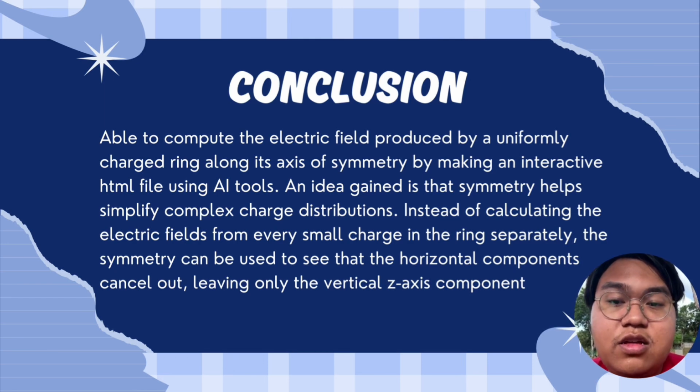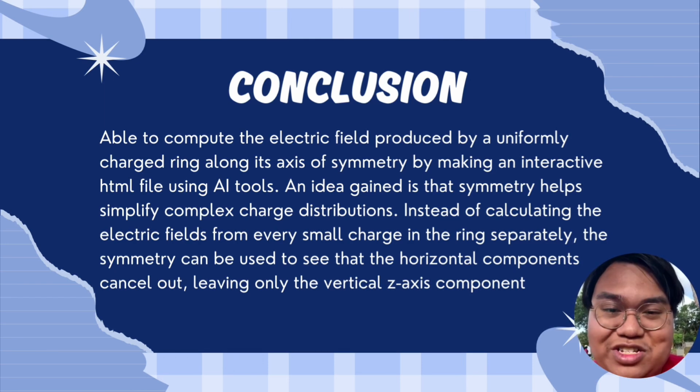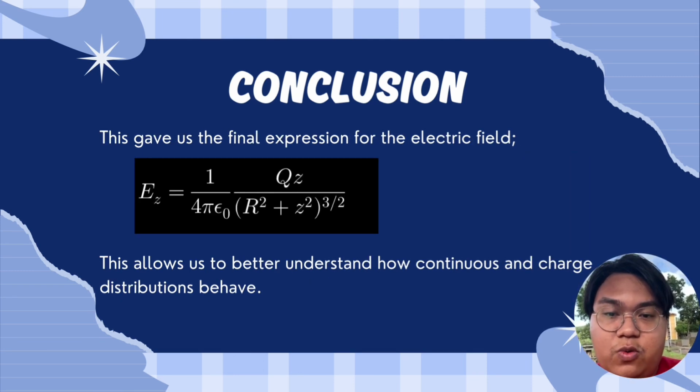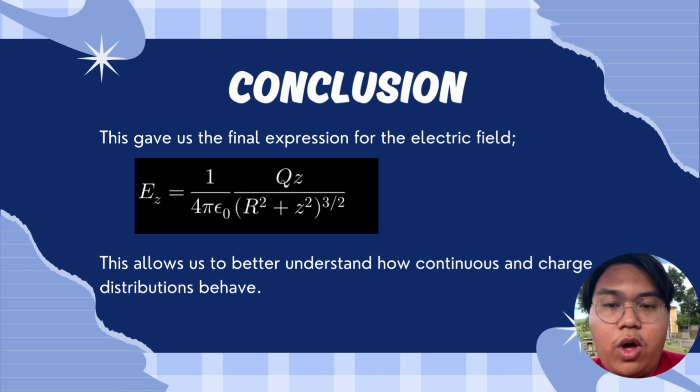Instead of calculating the electric fields from every small charge in a ring separately, symmetry can be used to see that the horizontal components cancel out, leaving only the vertical z-axis component. This gave us the final expression for the electric field, in which Ez equals 1 over 4 pi epsilon naught times Qz over r squared plus z squared to the power of 3 over 2. This allows us to better understand how continuous charge distributions behave.